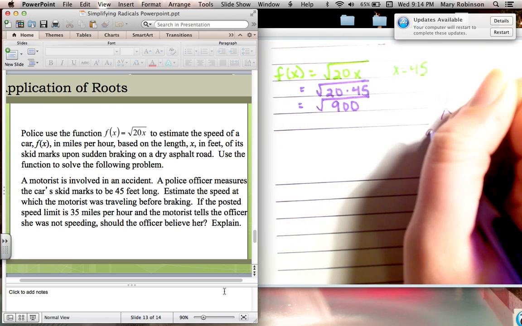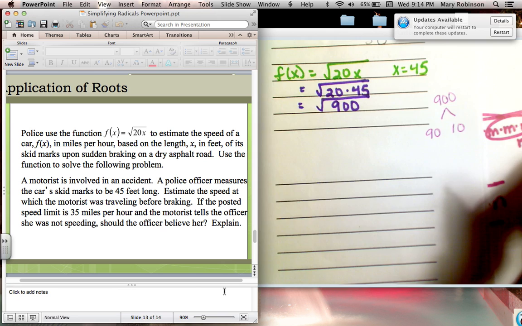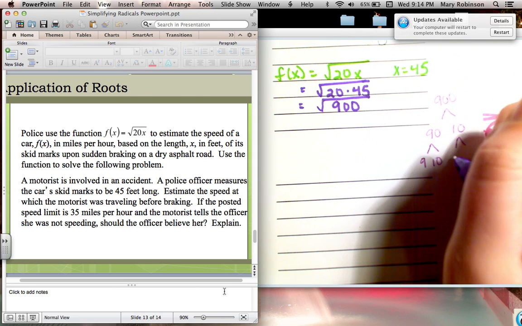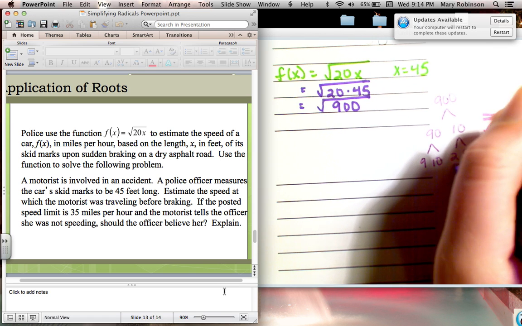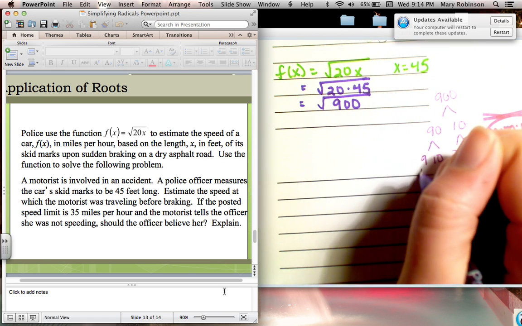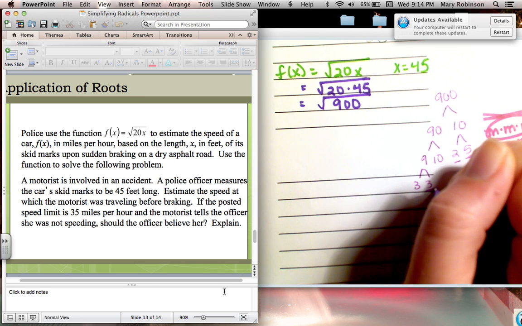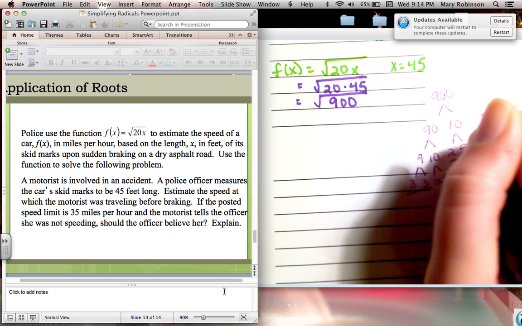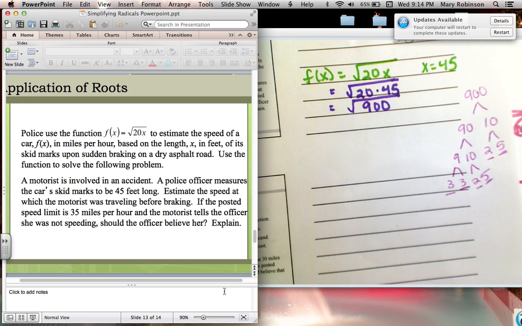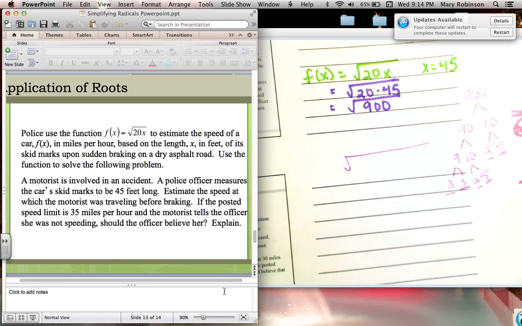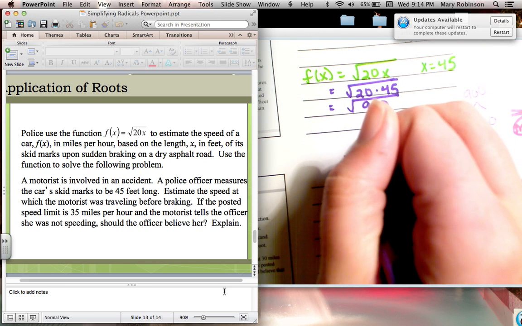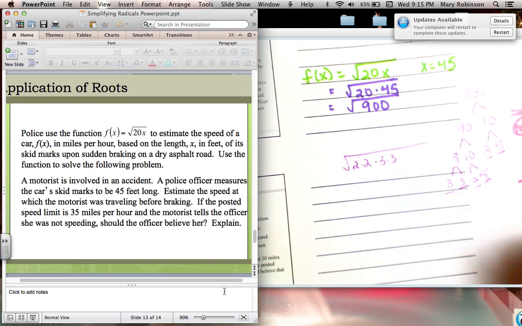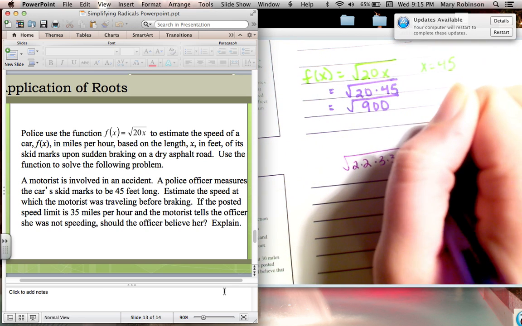That is 90 and 10. We have 9 and 10. 2 and 5, these are both prime. 9 is 3 and 3, also prime. And 10 gives me 2 and 5, prime. So our prime factorization for 900 would be 2 times 2 times 3 times 3 times 5 times 5.